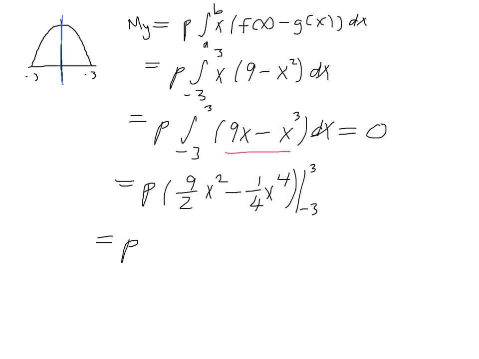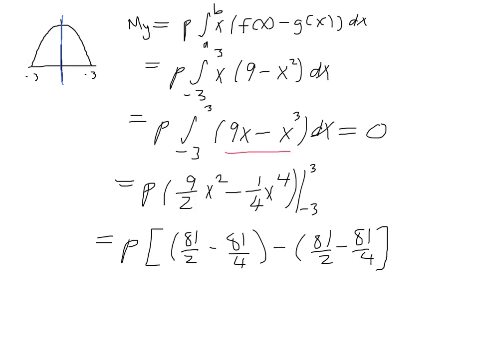And that gives you rho times 81 over 2 minus 81 over 4, that's plugging in 3, minus 81 over 2, minus 81 over 4. So you plug in negative 3, and you can see that those two terms will cancel, these two terms will cancel. We have rho times 0, which is going to give us 0.